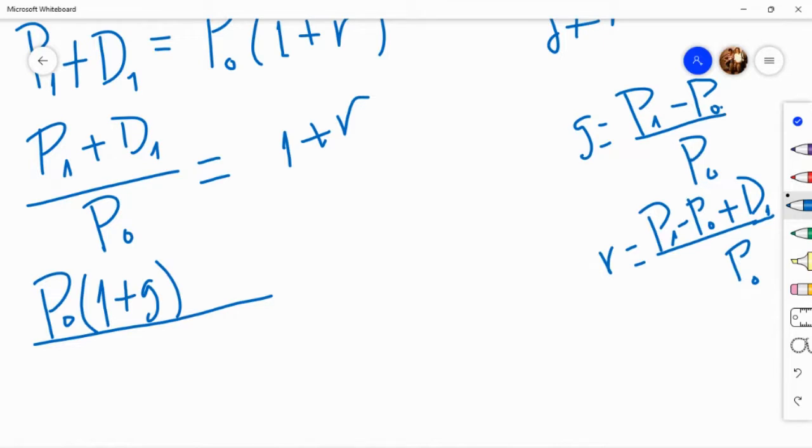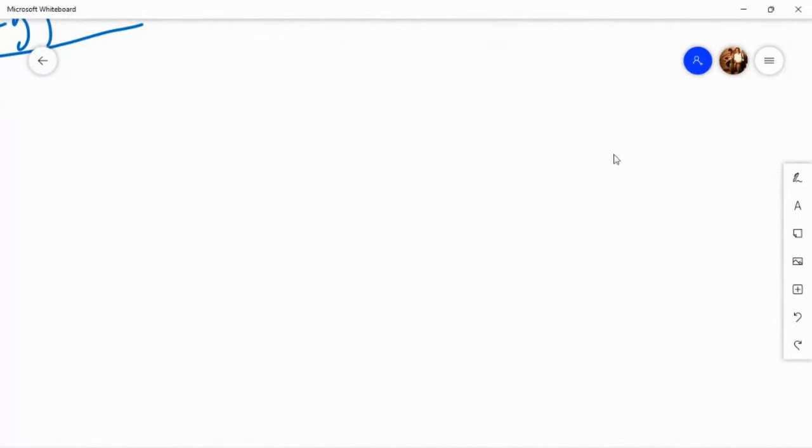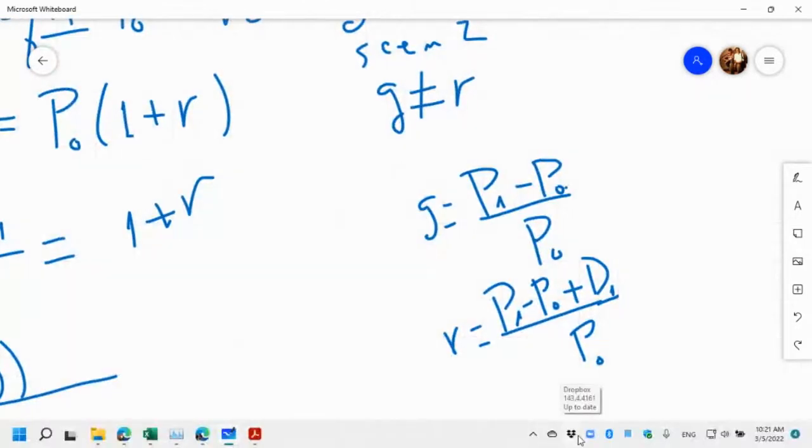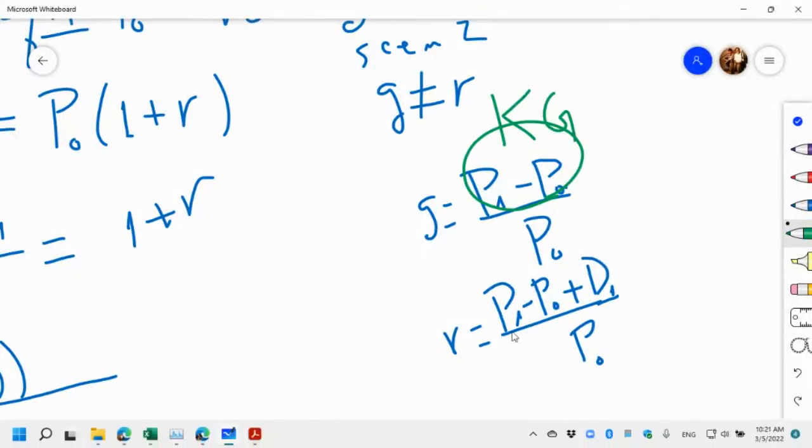And P1 minus P0 over P0, that's just the growth rate, right? In other words, this is called capital gains, right?